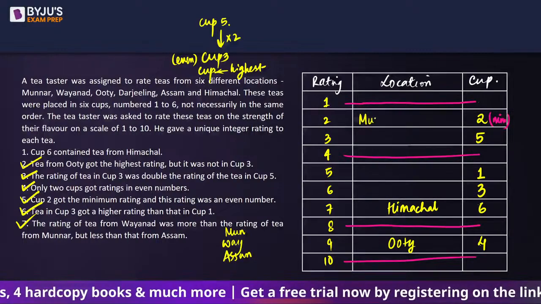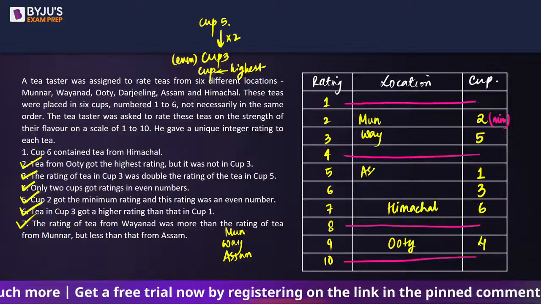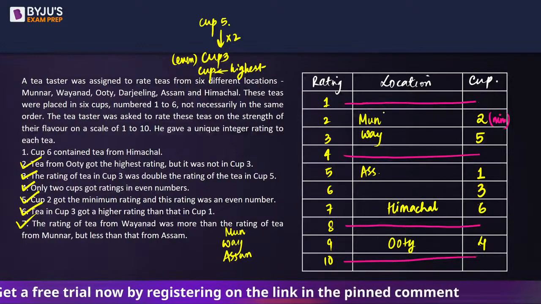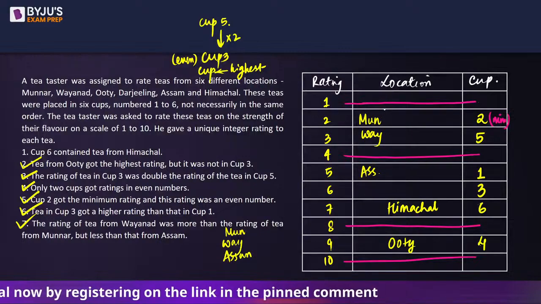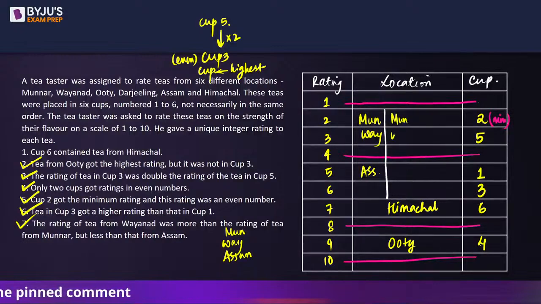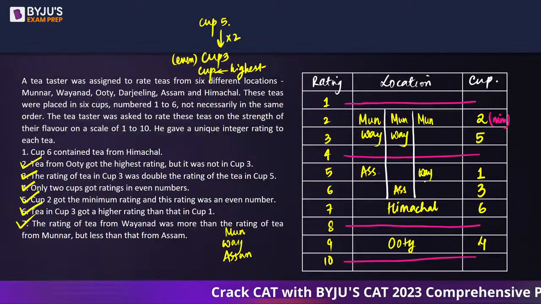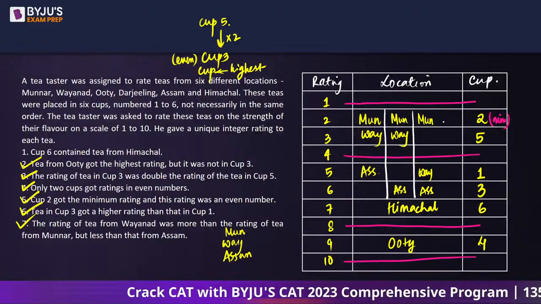Suppose if this is Munnar, then this is going to be Wayanad, this is going to be Assam. So this is one possibility. If this is Munnar, this is Wayanad, and this can be Assam. Okay, looks like more than 3. The next possibility is we have Munnar here, Wayanad here, and Assam here.